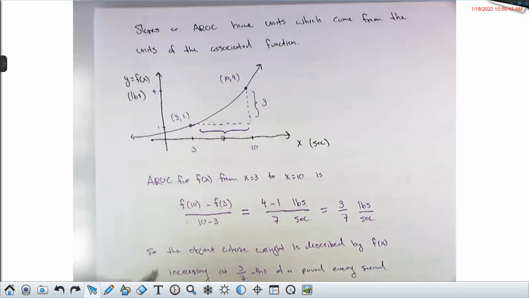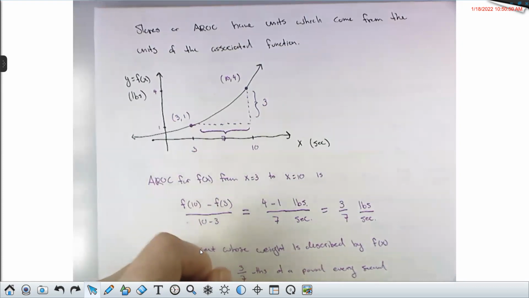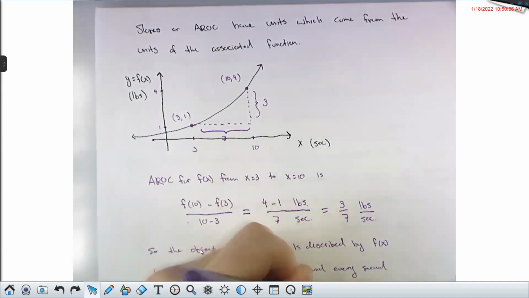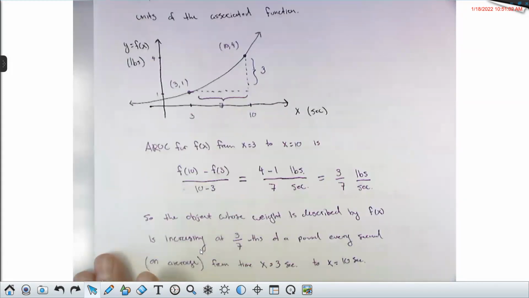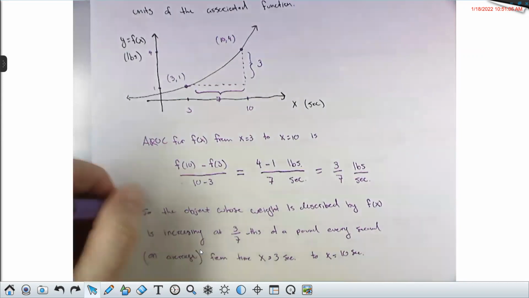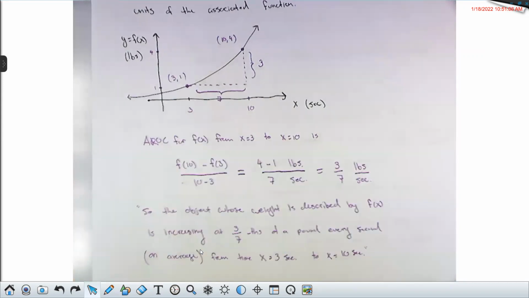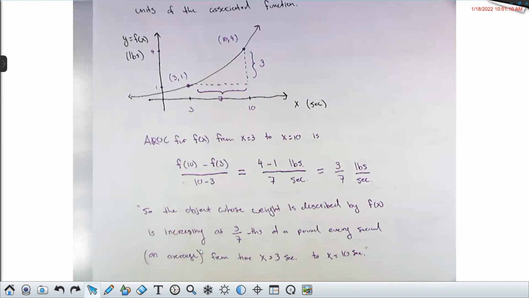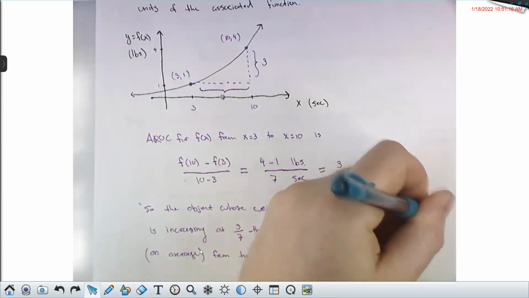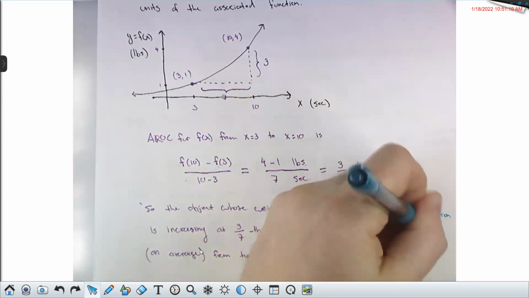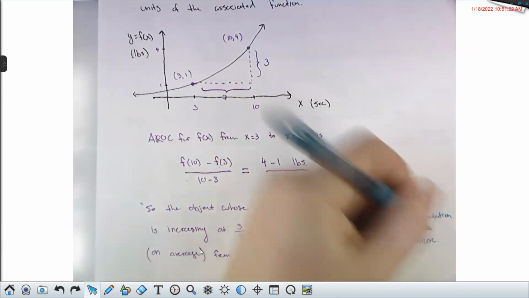Now this is on average, because it's an average rate of change. On average, from time x equals 3 seconds to x equals 10 seconds. And this thing down here, we would call an interpretation of the slope, the average rate of change.